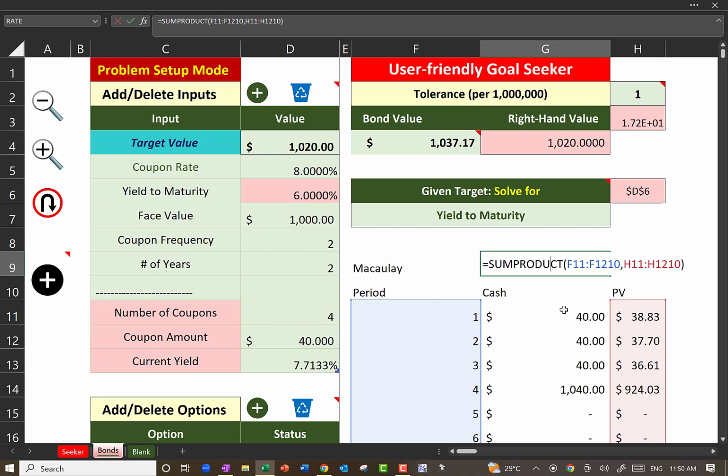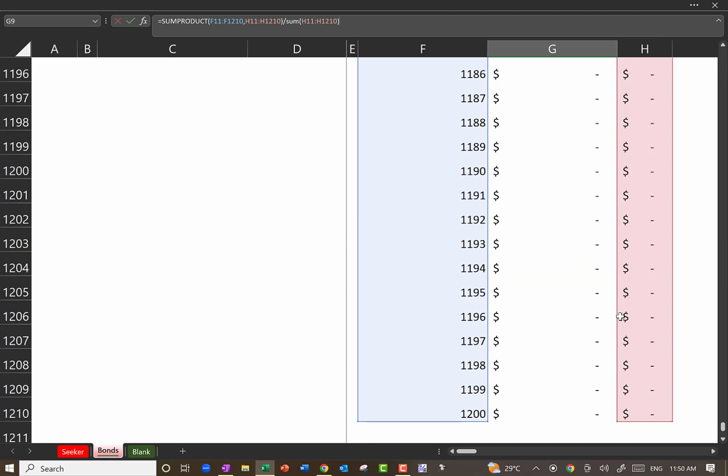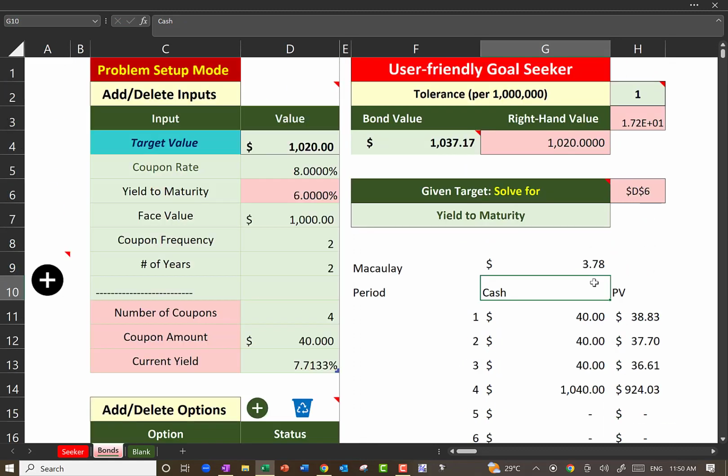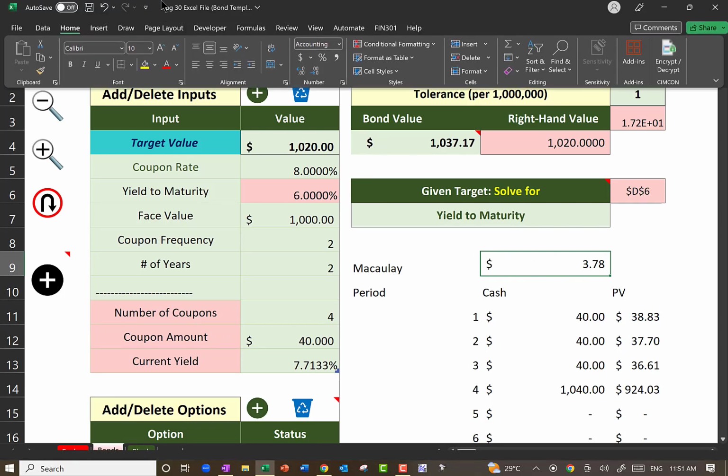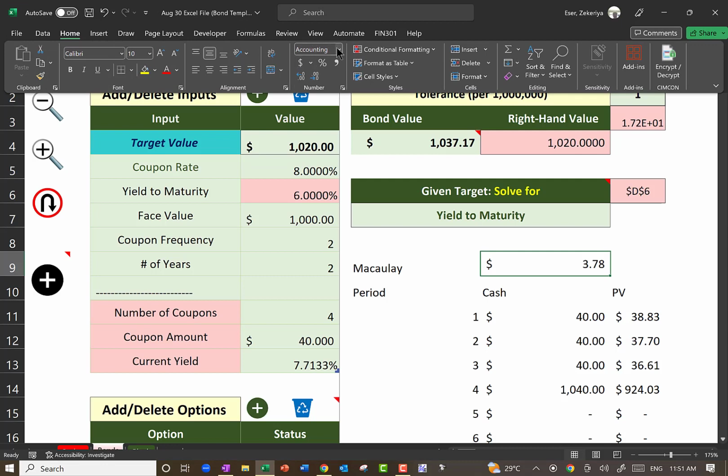This obviously doesn't have an interpretation of dollar. I'm going to make that general, give 2 digits. But the unit of that Macaulay is number of periods, but I want to convert it into number of years. So I'm going to divide the whole thing by coupon frequency.